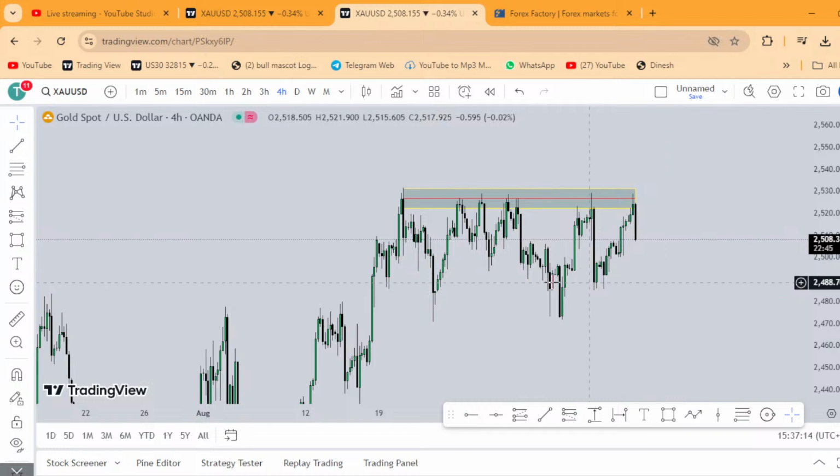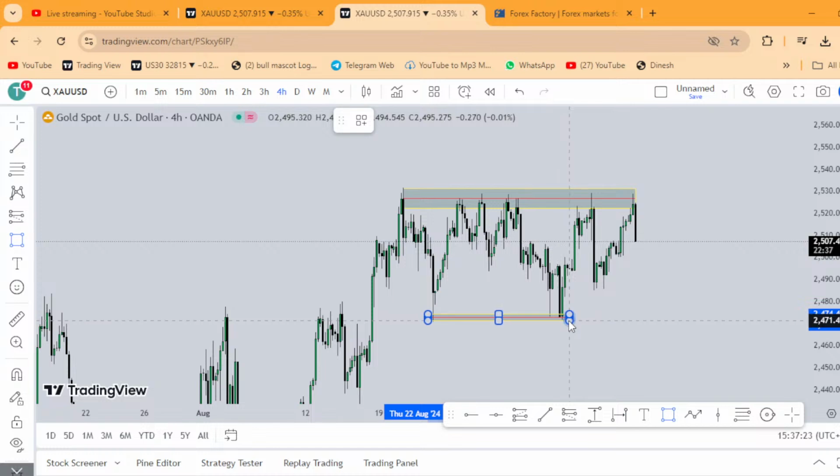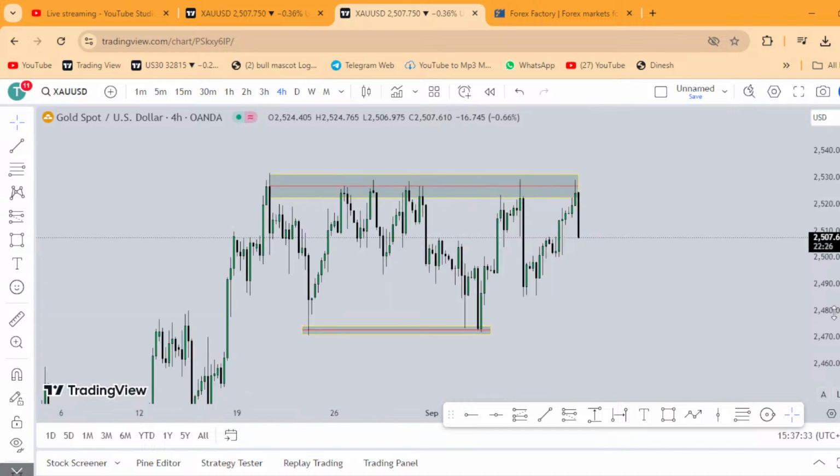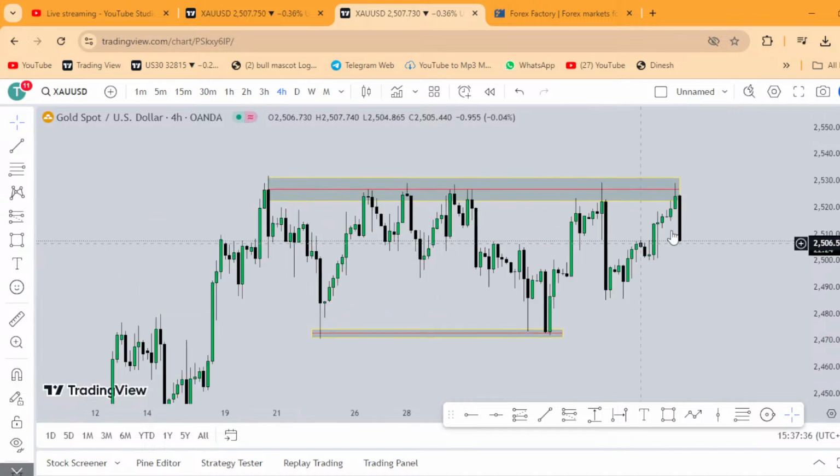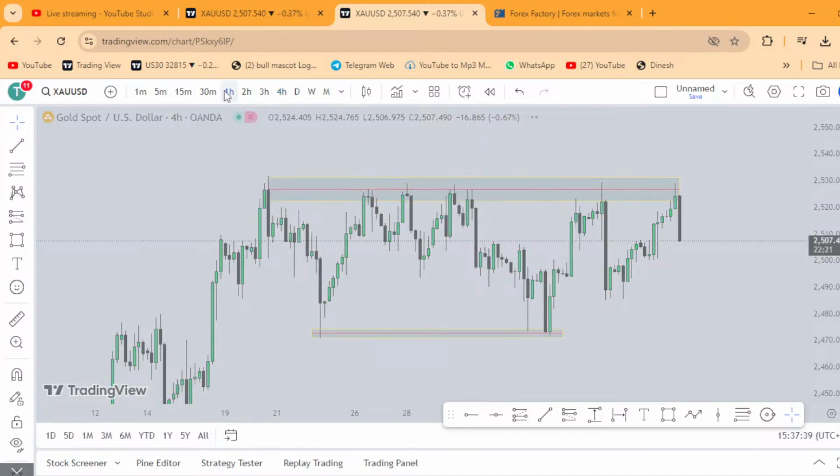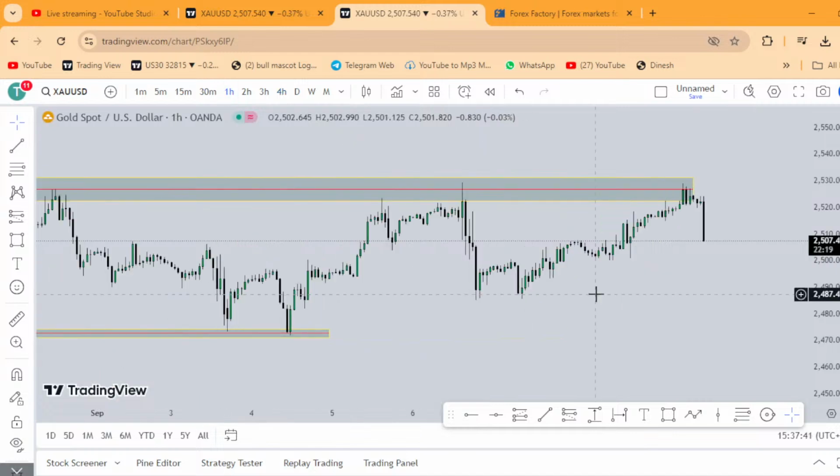Because if you look below here, there is nothing. Those are those equal lows. So we are playing around in this area. And maybe for more confirmation of sellers, the closure.